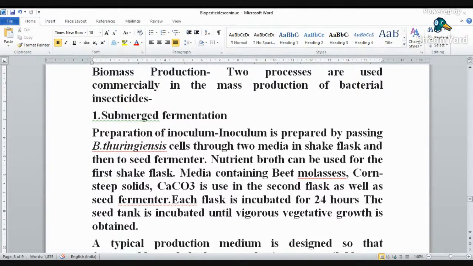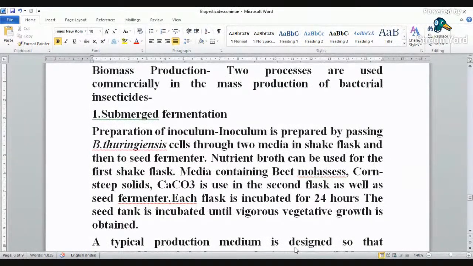So today we are going to see about the biomass production and formulation of biopesticides. Very few points remain, I will finish within 20 to 25 minutes. Only the last point is remaining. We have taken the mode of action of different pesticides: Pseudomonas fluorescens, Bacillus thuringiensis, Trichoderma viridae, nuclear polyhedrosis viruses, and Beauveria bassiana.